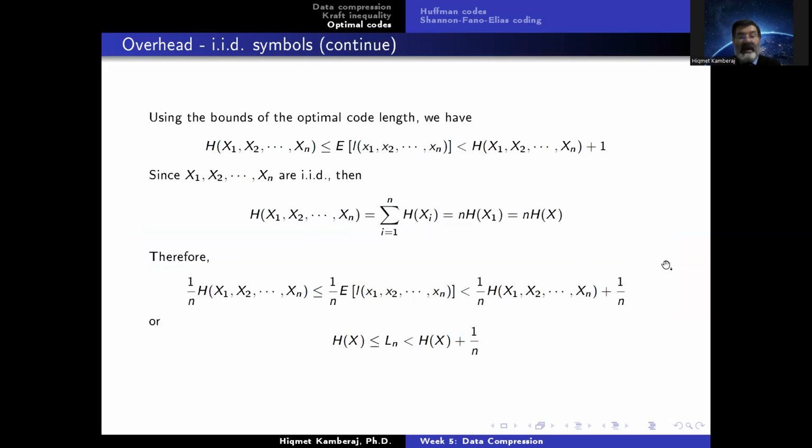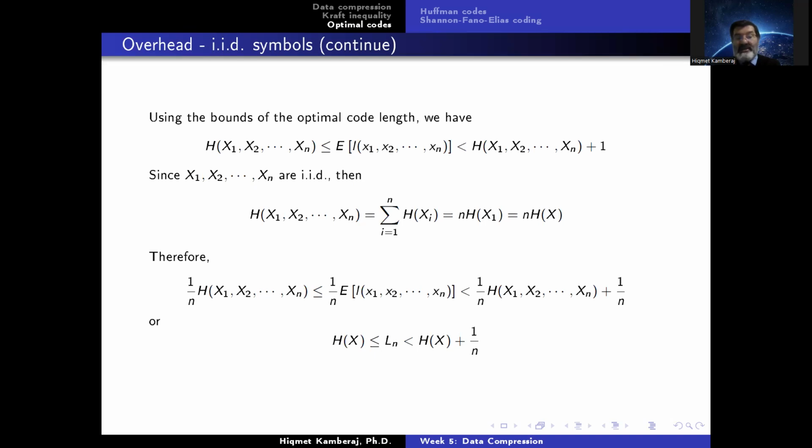Now, using the bounds of the optimal code length, we have the following. The joint entropy of X1, X2, ..., Xn is less than or equal to the expected value of L of X1, X2, ..., Xn, which is strictly less than the joint entropy of X1, X2, ..., Xn plus 1.